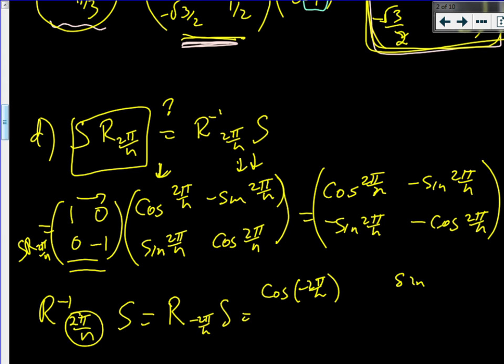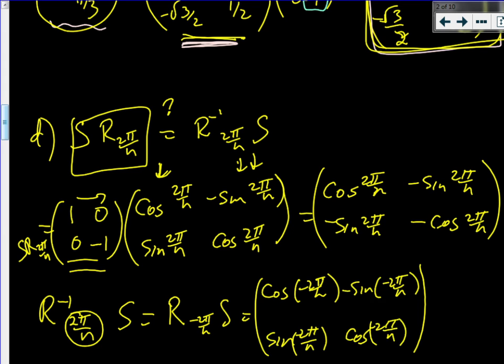We need a little bit more space. Negative the sine of negative 2 pi over n, the sine of negative 2 pi over n, and then the cosine of negative 2 pi over n times S, which is 1, 0, 0, negative 1.